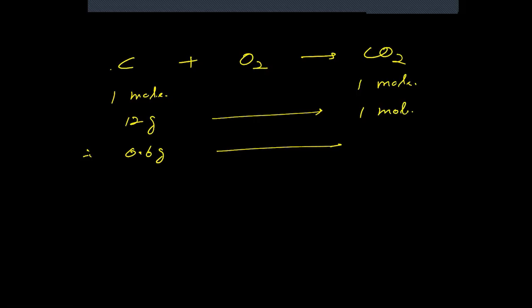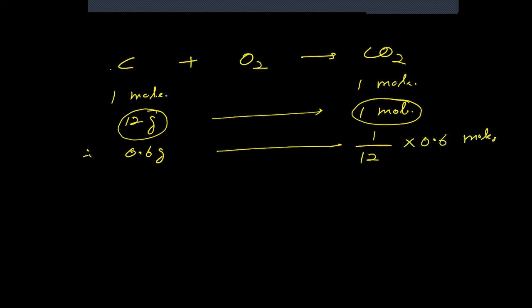Because you have been asked about the number of molecules, it will be easier to convert moles to molecules. So 12 grams of carbon give you 1 mole of carbon dioxide. Just let me know whether it is clear or not, what I am saying. Yes, sir. This ratio, okay? Hence 0.6 grams will give me 1 by 12 into 0.6 moles of CO2. I'm just applying unitary method.